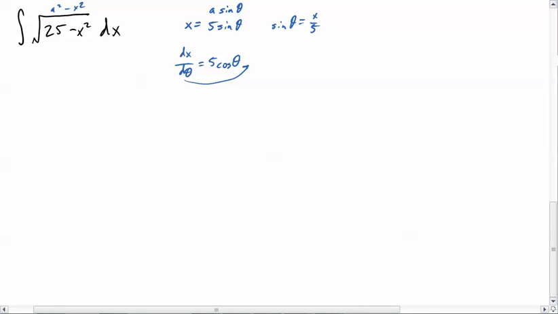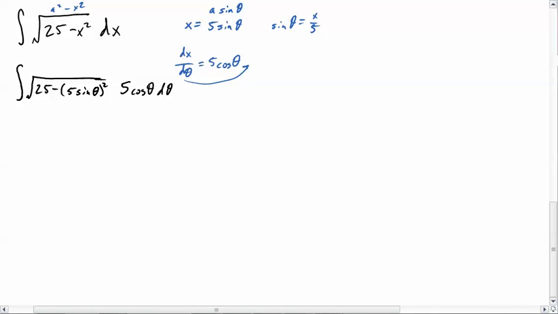And so from here, we're going to go ahead and put some substitution in. So we're going to go integral of square root of 25 minus x squared, but instead of x we're going to put in 5 sine of theta squared, and instead of dx we're going to put in 5 cosine of theta d theta. Alright, so we're looking pretty good.